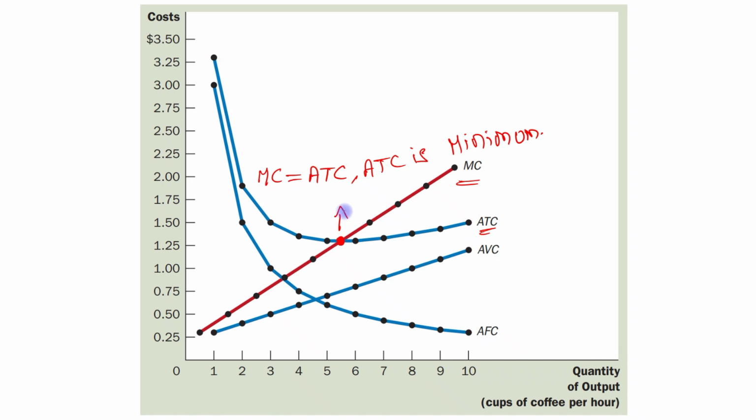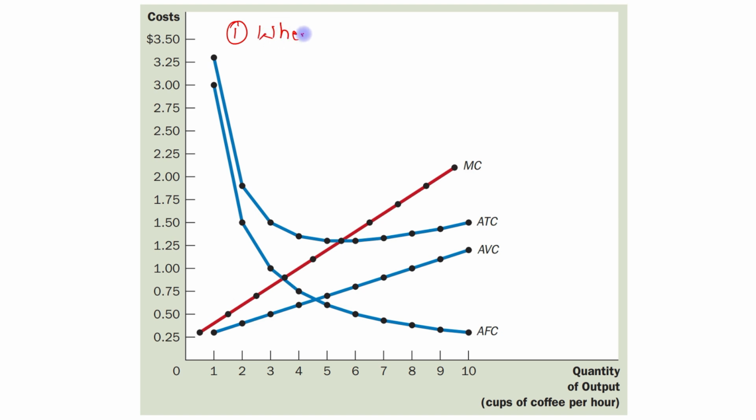We can also make a final conclusion. First point, when MC is less than ATC, when the MC curve lies below the ATC curve, ATC is falling.